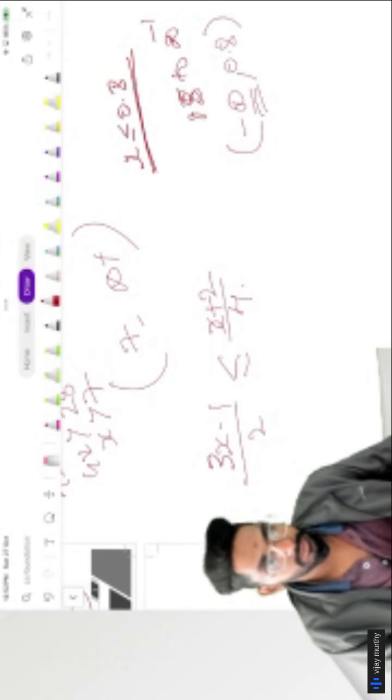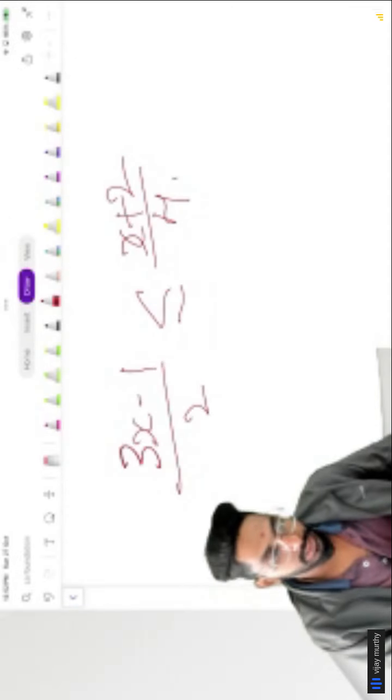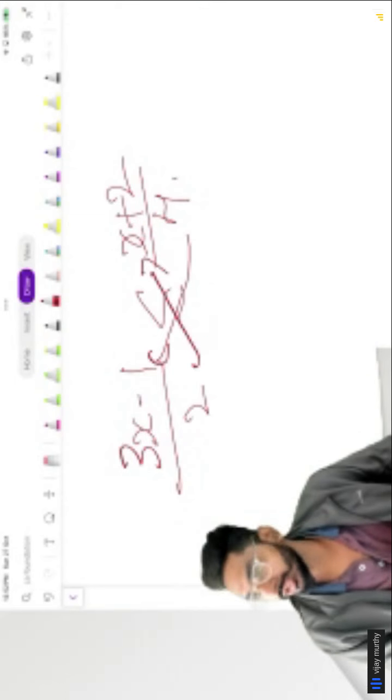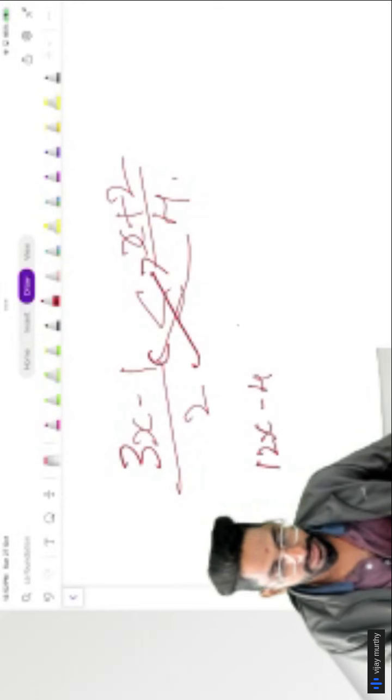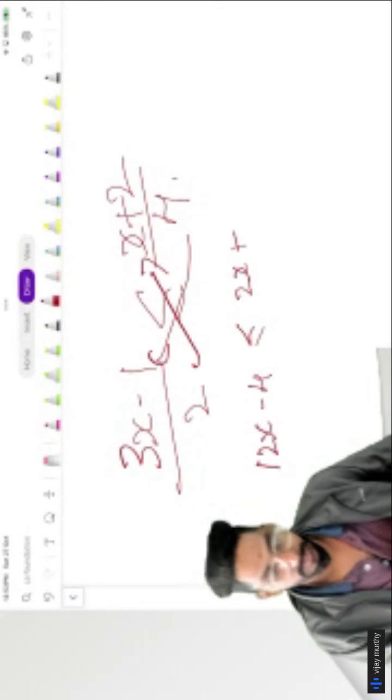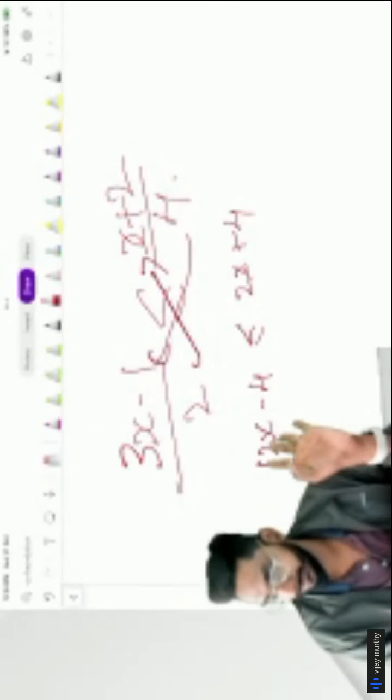Let me solve. I will multiply this 4 to the right hand side and this 2 to the left hand side. That becomes 12x minus 4 less than or equal to 2x plus 4. I will always try to keep the variable positive.